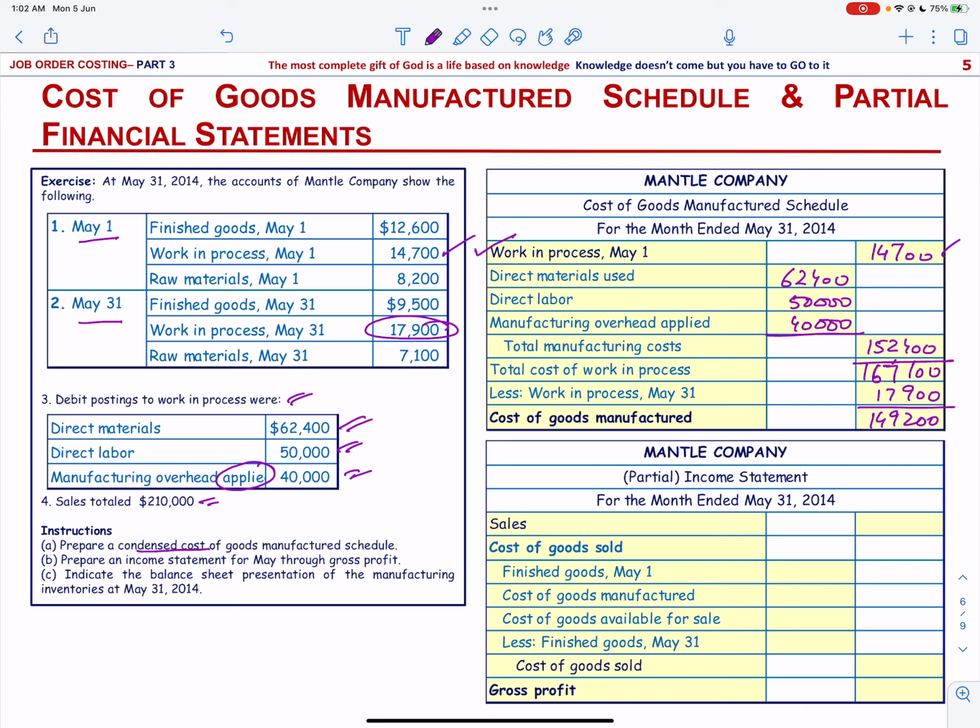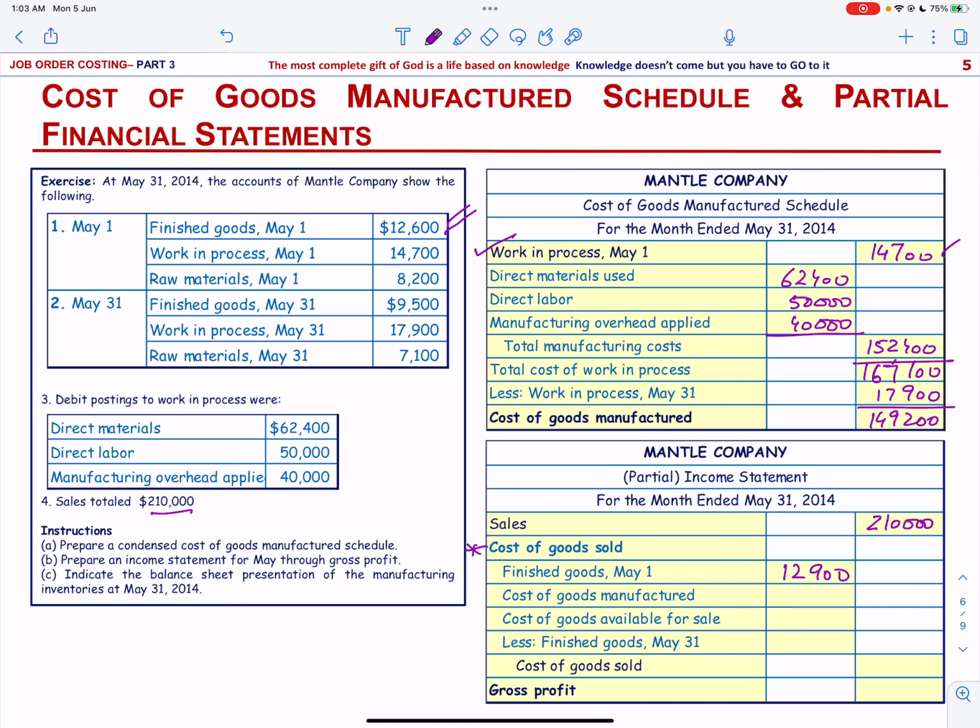Next we are going to prepare the income statement, where we have the sales, and the sales is given to us as 210,000. From this we are going to subtract the cost of goods sold, and cost of goods sold is finished goods on May 1st, that is 12,900.